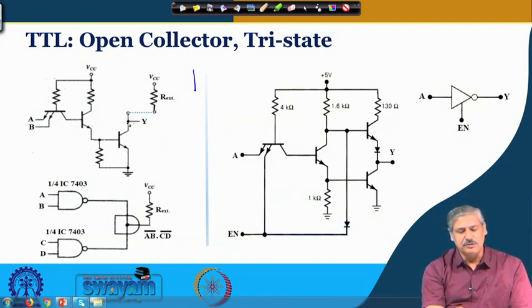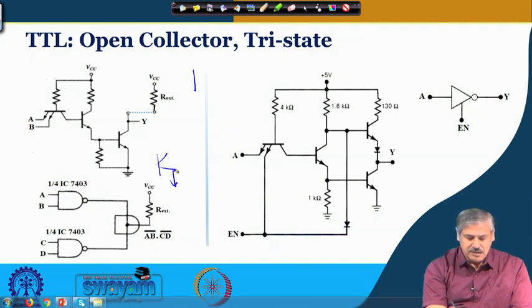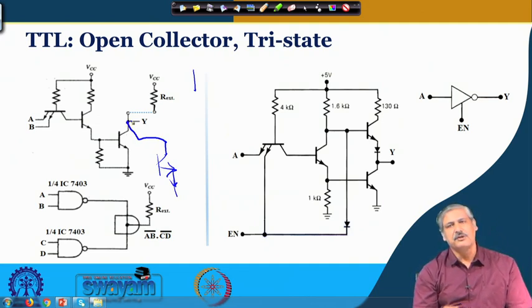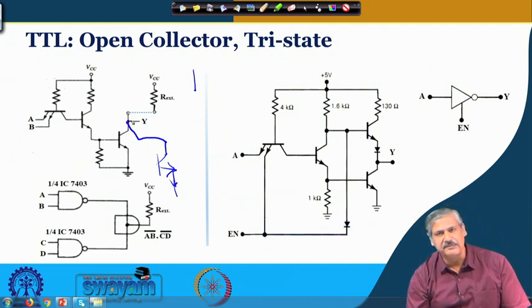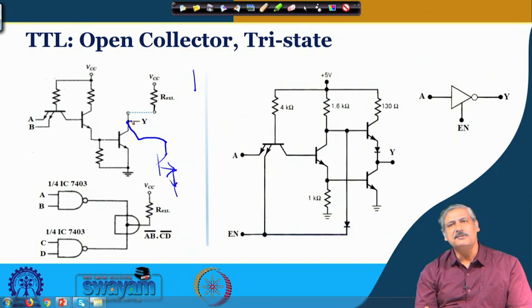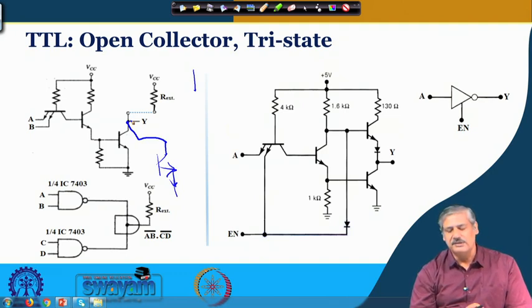So, another such gate is there, and you just connect it over here, it will give you a wired AND connection, which is also useful in some cases. So, this is one important thing about open collector configuration. So, there is another use of TTL, the thing that we discussed earlier in terms of tri-state. Okay.